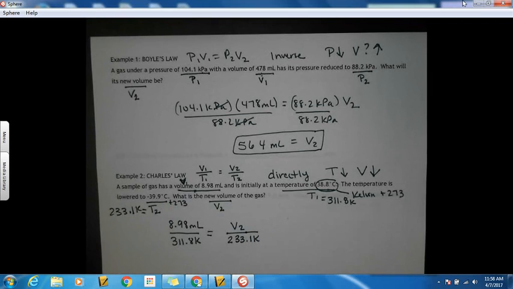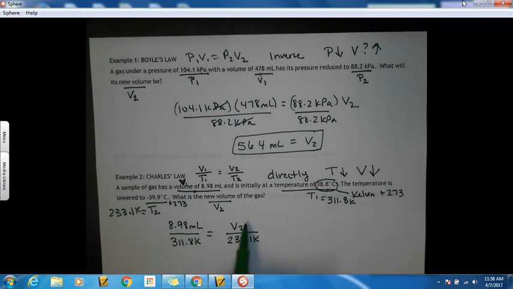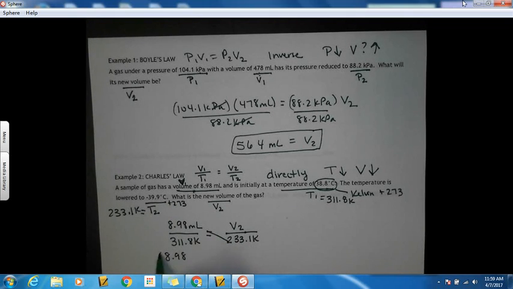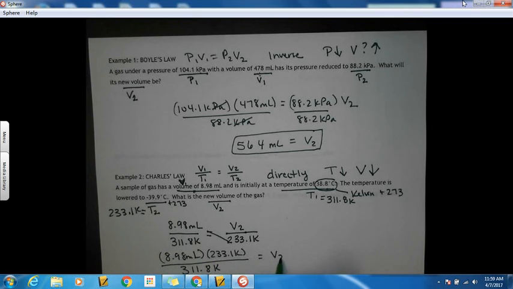Now, to solve this, we want V by itself, so we're just going to cross multiply, right? So we're going to get 8.98 milliliters times 233.1 Kelvin divided by 311.8 Kelvin, and that gives us V2.